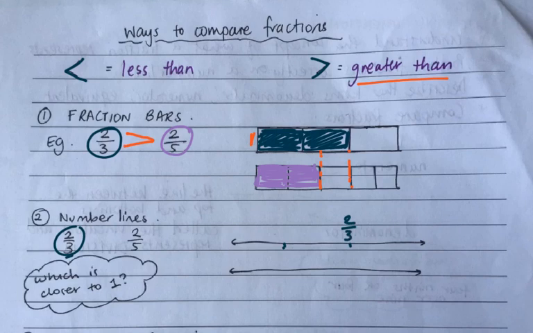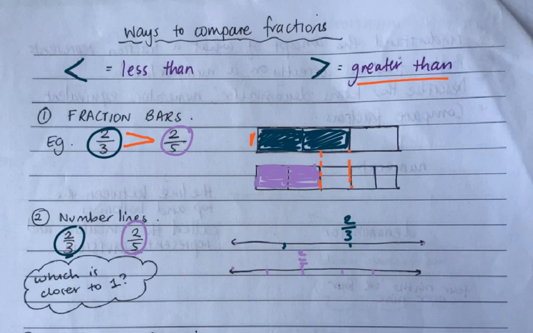The next one needs to be divided into 5 parts because the denominator is 5. So we're going to try and do this as evenly as we possibly can. 1, 2, 3, 4. And as you can see, the lines line up at the start and at the finish, just like the bars. And now I'm going to position this fraction on my number line. So 1, 2, so 2/5.